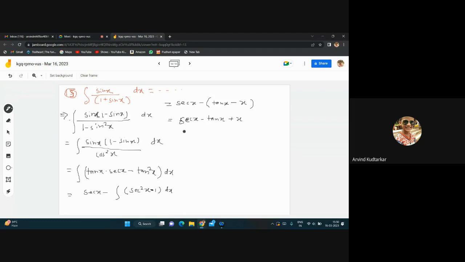So sec x minus tan x plus x. Tan square x is sec square minus 1, so minus tan x, minus minus plus x. And this will be the correct option for the integral. Okay?